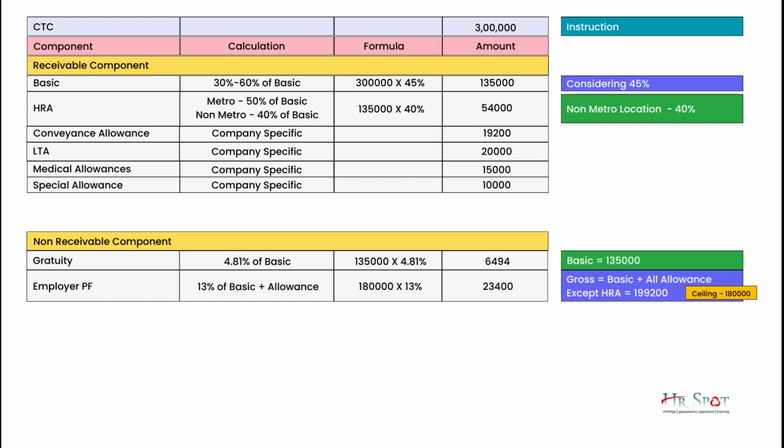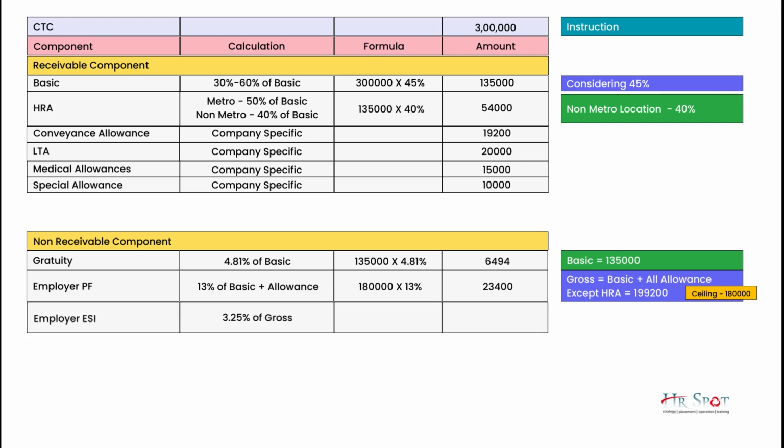23,400. The same way, when we are supposed to calculate the employer contribution for ESI, we have to calculate the gross pay for ESI, which is basic and all other allowances. That has become 2,53,200. And as we know that the maximum ceiling limit for ESI is 2,52,000.